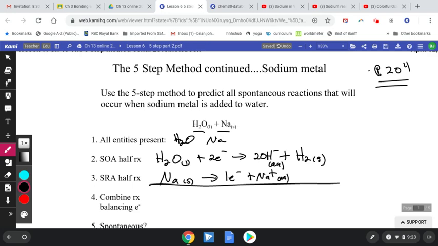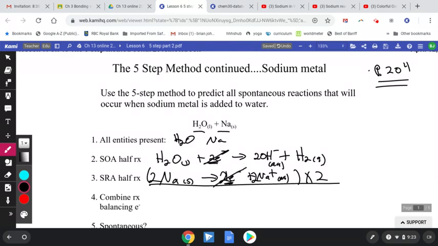Now remember, every redox reaction, electrons gained have to equal electrons lost. So we have 2 gained, 1 lost, so we need to multiply everything in the bottom by 2 to get our electrons to balance. 2 sodium, 2 electrons, 2 sodium ions. Okay, 2 gained, 2 lost, they cancel out.